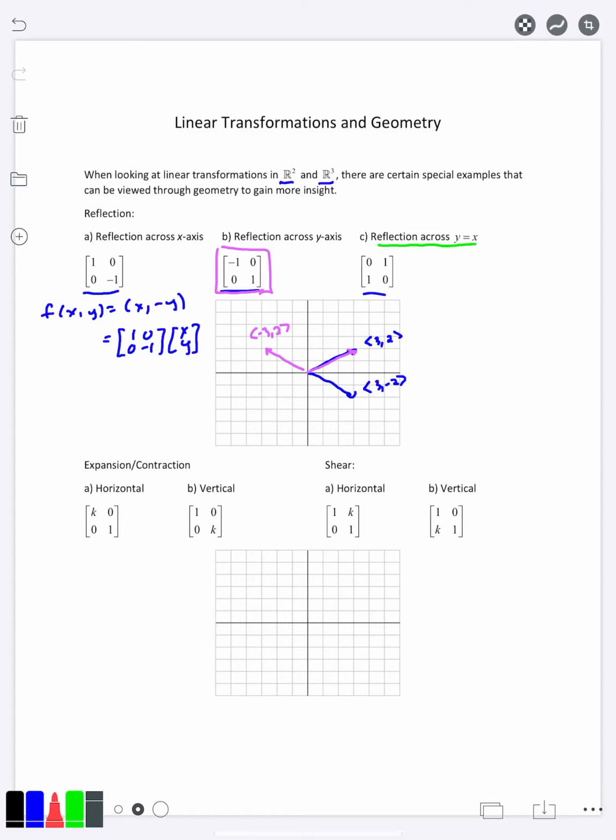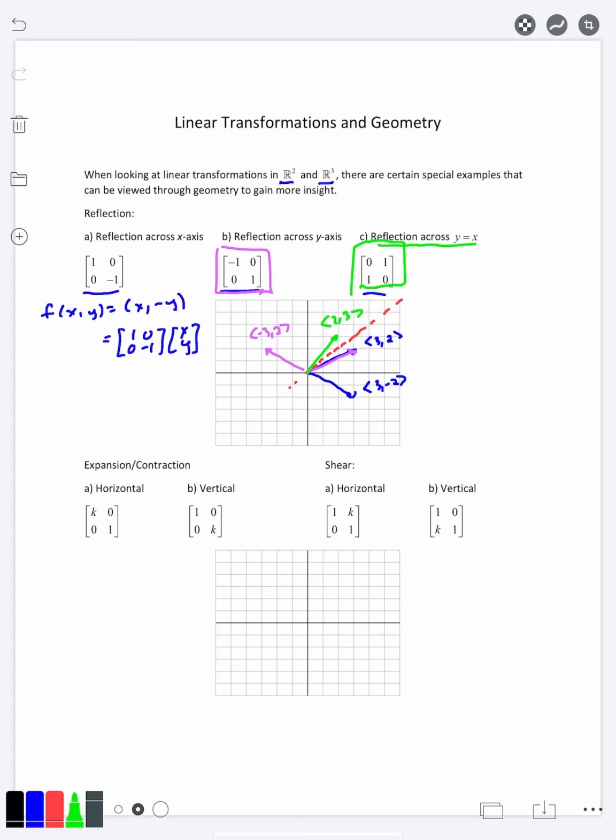What I mean by that is I need to draw the line y equals x, and I reflect across it here. This would be the point (2, 3), which is based off of this matrix here. So reflections, whatever type of reflection you're talking about, are all linear transformations, and you can always find a matrix associated with them to describe the reflection.